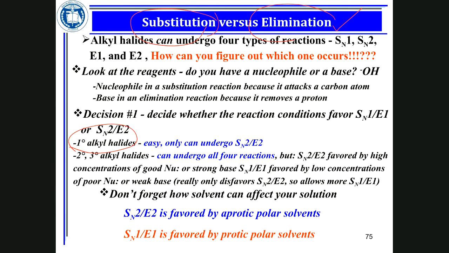Primary cannot go through E1 or SN1 because it doesn't form a carbocation. If you have a primary alkyl halide, SN2 would actually be better than E2 because of the stability of the product, because then you have a less substituted product.